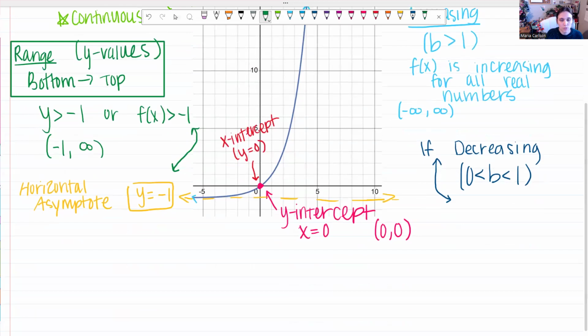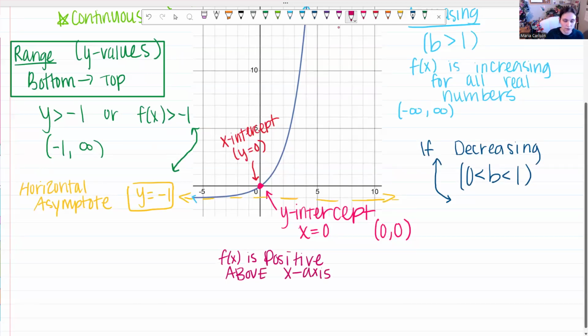Now, we can also talk about the portions of the graph that are positive versus negative. The function f of x is positive everywhere above the x-axis.